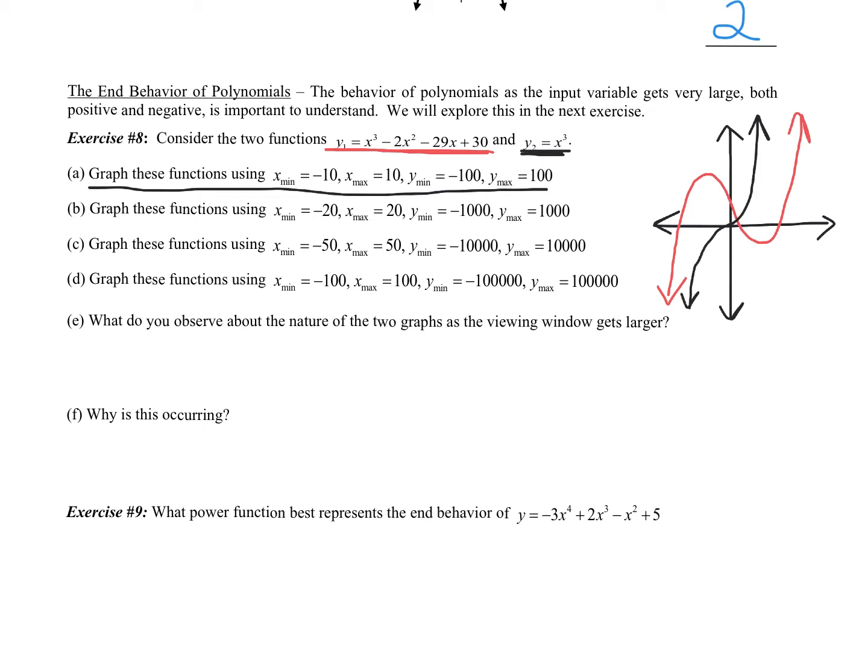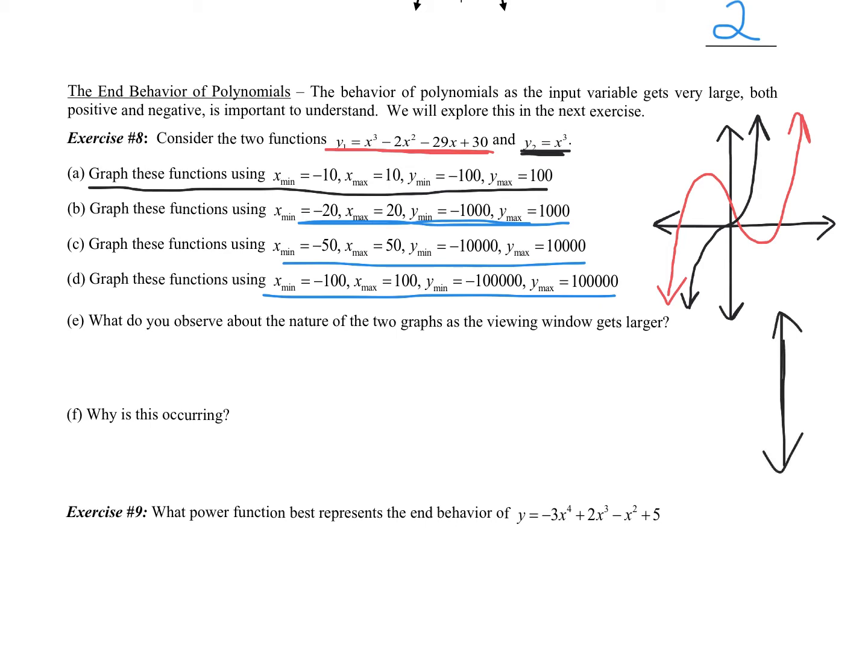So we can see some similarities, but they definitely look like different graphs. Now, as I head in this direction and I keep making my window more zoomed out, finally when I get down to this one, basically the two graphs look the same.